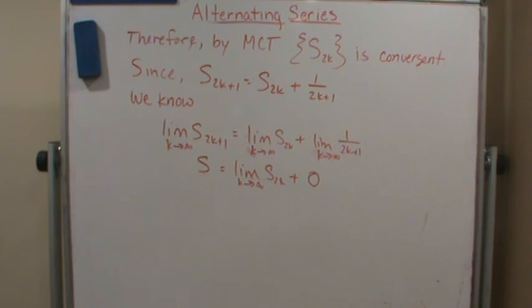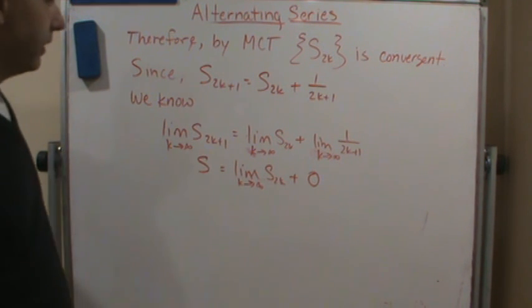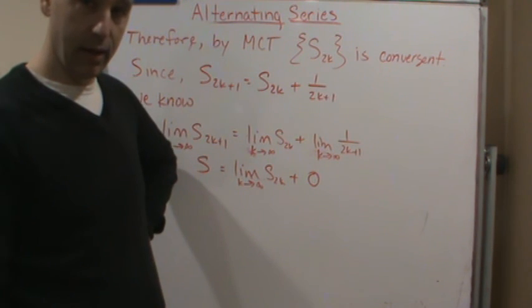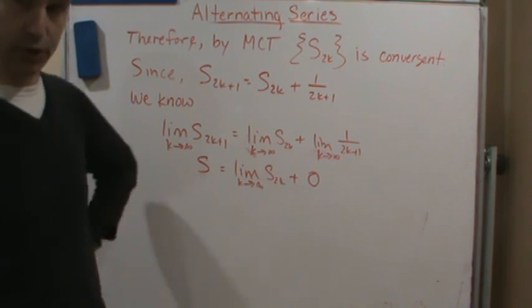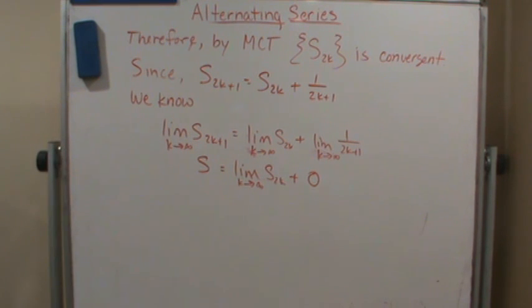So let me say that one more time. Since the odd terms and the even terms in the sequence of partial sums converge to the same limit s, it can be shown that the sequence of partial sums of the alternating harmonic series also converges to s.